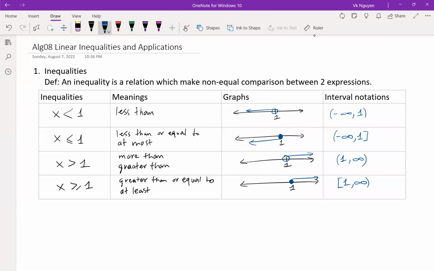Inequality has the same properties as equations. However, there's one thing we have to be a little careful about, and that is when we divide or multiply by a negative number. Let's take a look at that one.